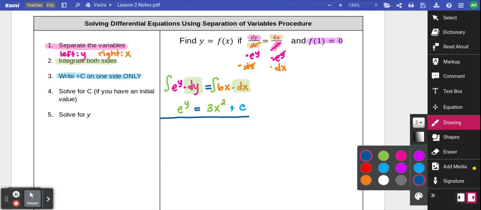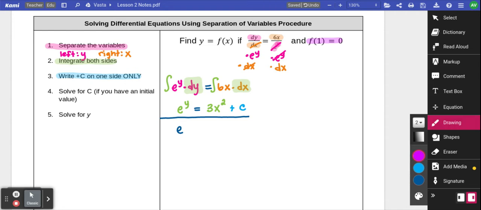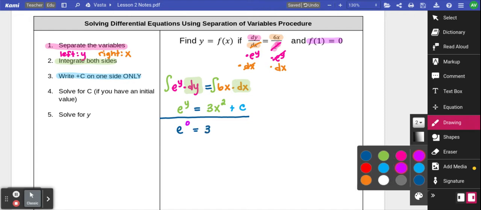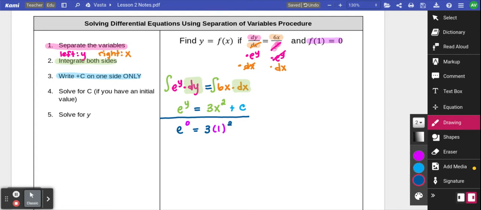So I'm going to have e to the power of the y, which is 0, equals 3 times the x value that I'm plugging in, which is 1 squared, plus c. Now, e to the 0 is just 1. 3 times 1 squared is 3 plus c.